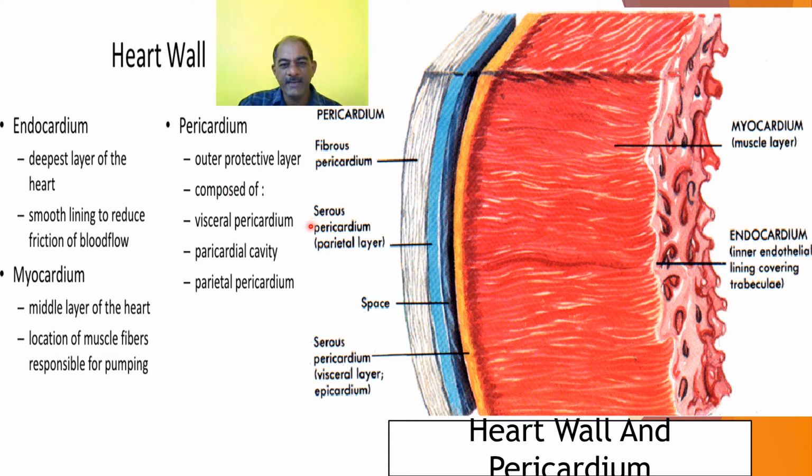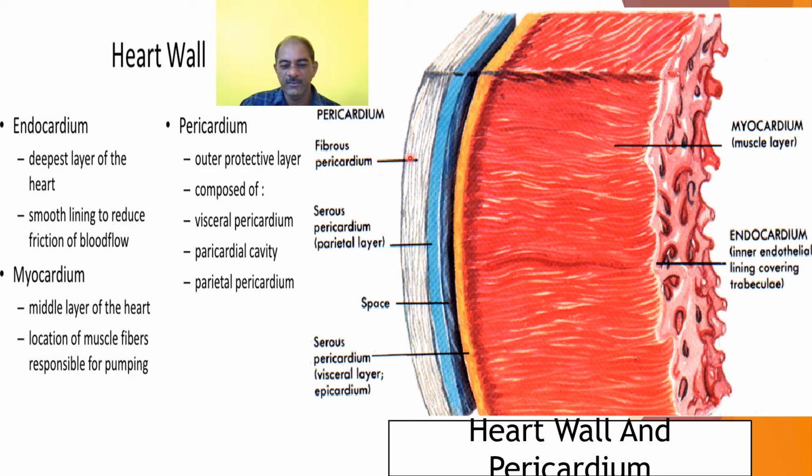One is the fibrous pericardium, and inside this is another layer called serous pericardium. The fibrous pericardium is the outer layer and made up of tough, inelastic, fibrous connective tissue.